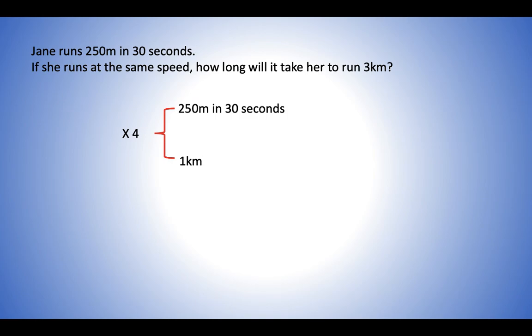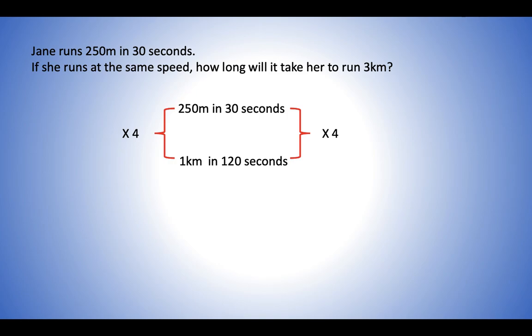Now I'm going to do the exact same to the seconds. I'm going to multiply 30 seconds by 4, and that gives me 120 seconds. So it takes Jane 120 seconds to run 1 kilometre.